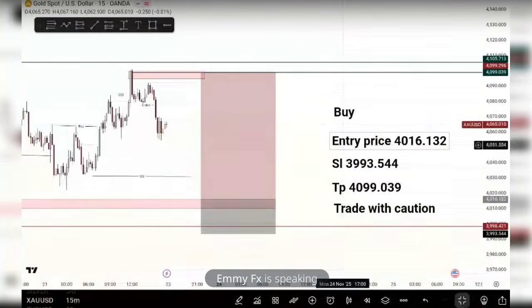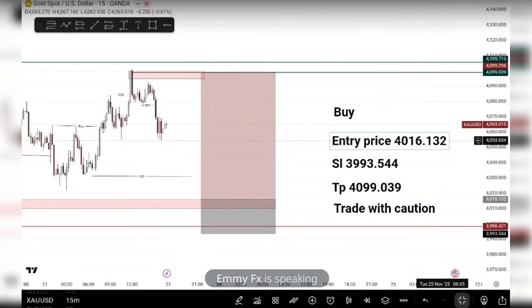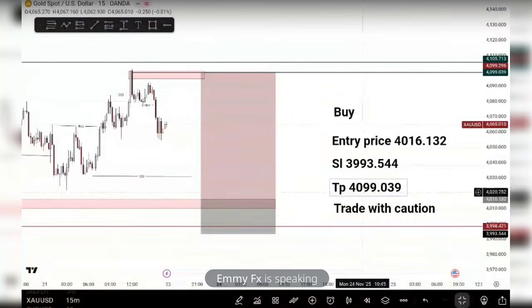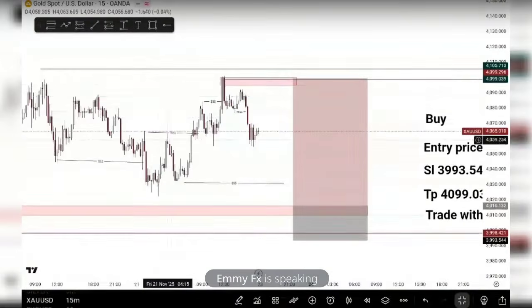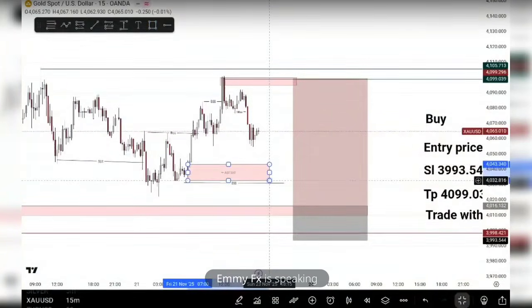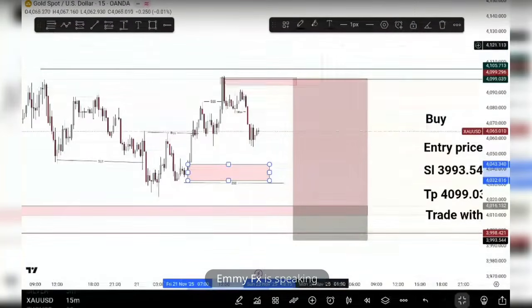Our entry is going to be 4016.132, SL is going to be 3993.544 and TP is going to be 4099. Now, I'm not going to look at this zone here because price could also react from this zone and move to the upside, but I'm not going to look at that zone.